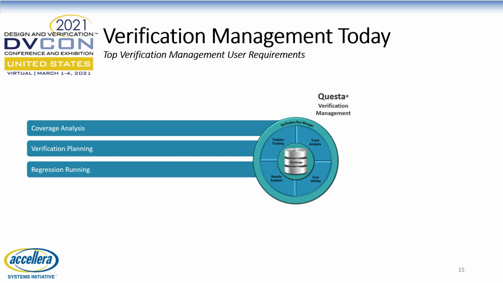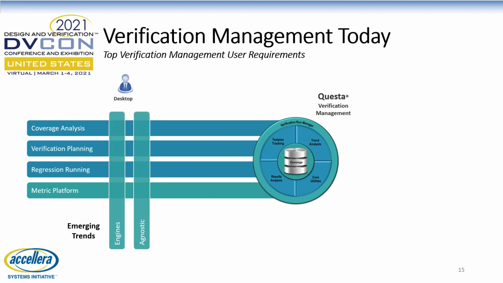So just to put things in perspective, our Questa verification management environment was introduced over 10 years ago as a modular single-user system that has coverage analysis, verification planning, and regression running. There is core functionality based on the UCDB used by many of our customers to build and manage their verification processes. As we've discussed, solutions need to have multiple engine and agnostic support, so interoperability is extremely important to many of our customers.